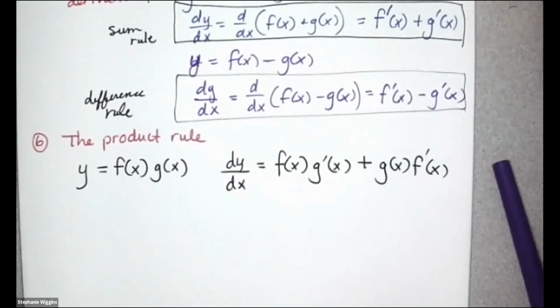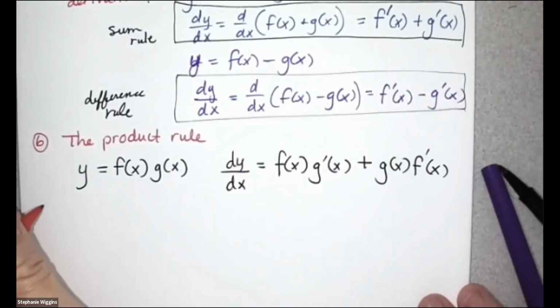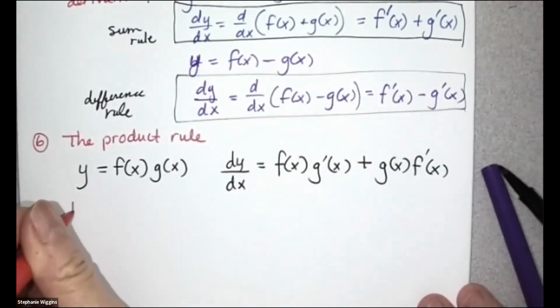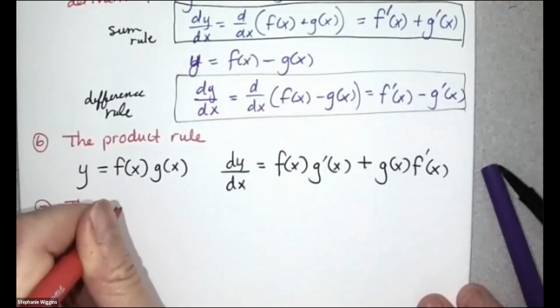Okay, that is the product rule. And then finally, the quotient rule is the last rule we're going to talk about today.